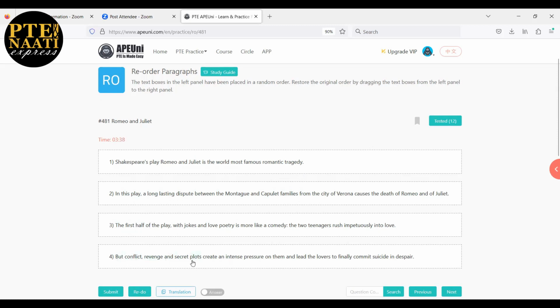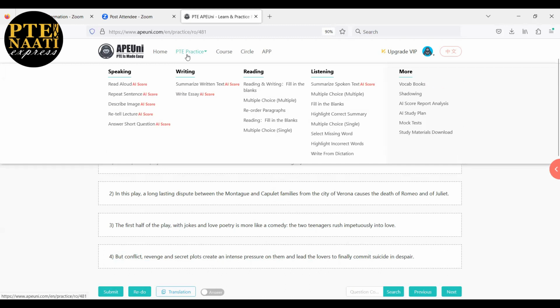Finally, but conflict, revenge, and secret plots create an intense pressure on them and lead the lovers to finally commit suicide. So I did a small trick to keep this order, so don't change anything. This is the order. First, second, third, fourth. That's all there is. Let's see another activity.